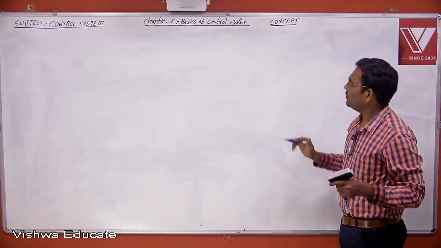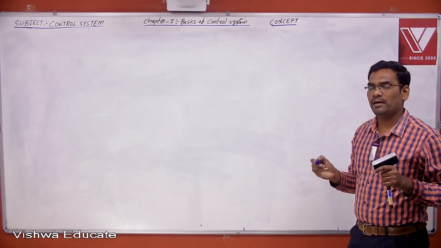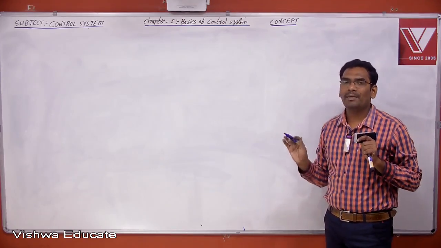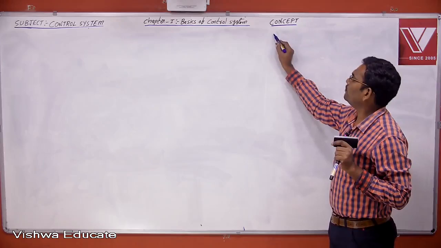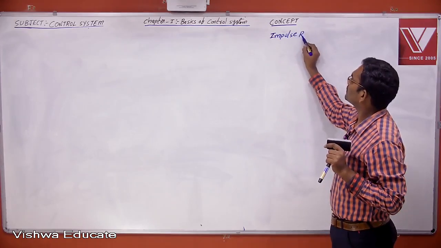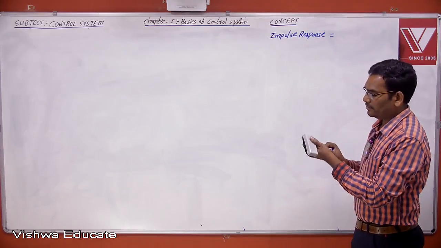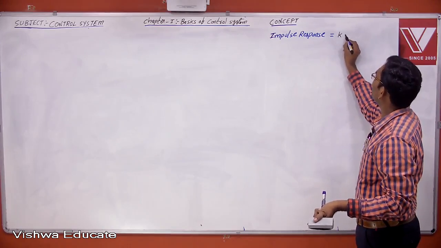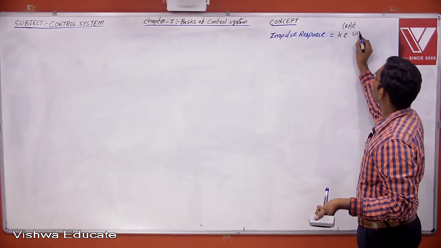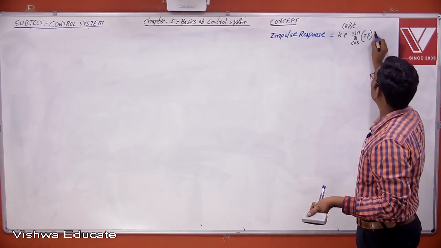One concept, if you remember: based on the pole location, whether the poles have a real part or imaginary part, or both, the impulse response in time domain is directly some constant into e power real part into t, sine or cos of imaginary part into t.